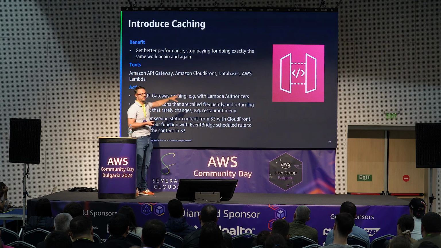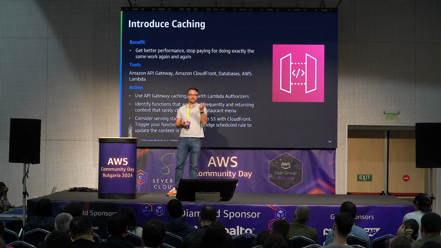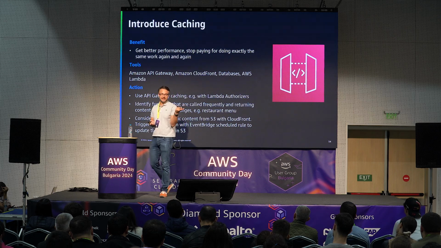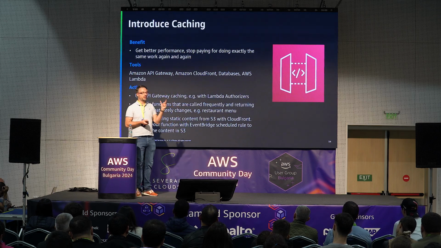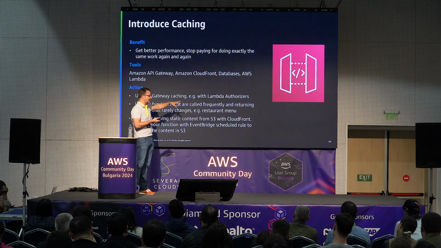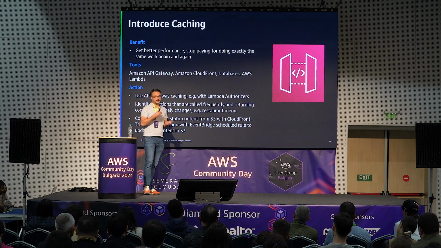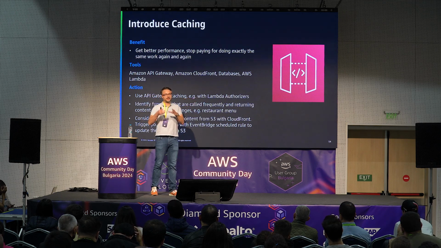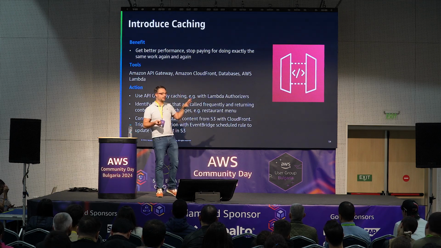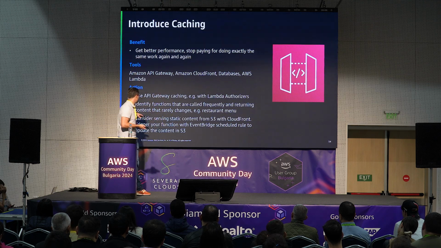You can cache the response from the Lambda authorizer in API Gateway, and you can set a TTL for how long this response will be preserved. And I see quite a lot of customers don't do that, and when they switch it on, they can save quite a lot on this custom Lambda authorizing logic.